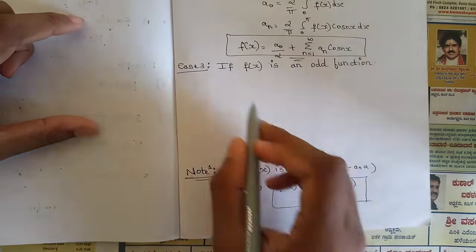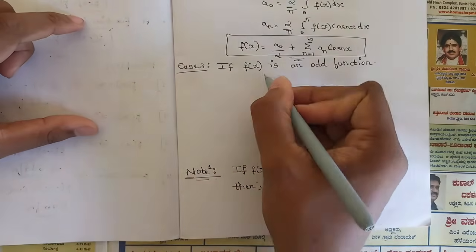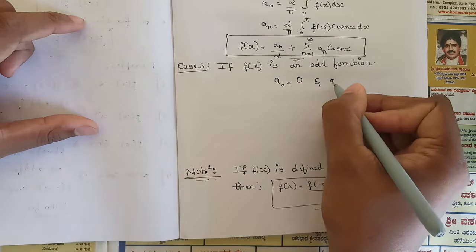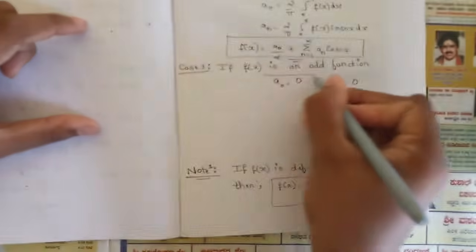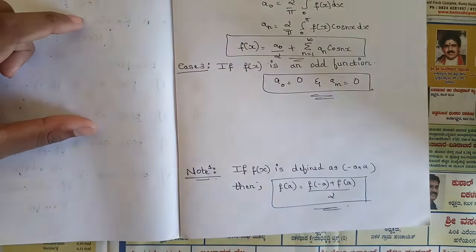In the third case, if f of x is an odd function, a0 is equal to 0 and also an is equal to 0. The two Fourier coefficients are equal to 0.